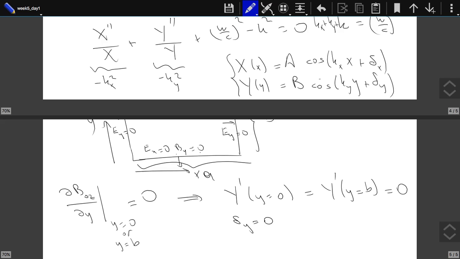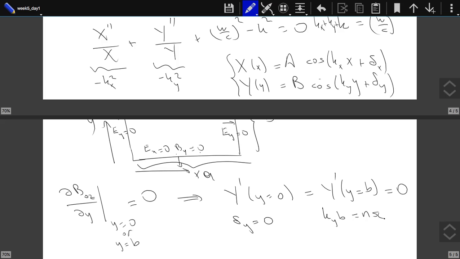If you take the Y prime, it just becomes the sine function. At y equals 0 it is the sine of delta y. Sine of delta y should be 0. That tells me that delta y is 0. And the periodicity, the second condition, is satisfied only if ky times b is equal to n times pi.